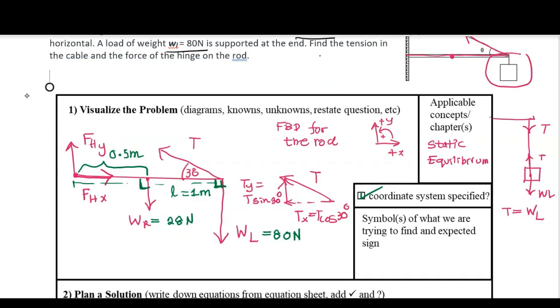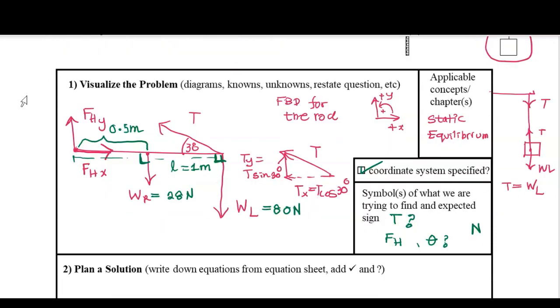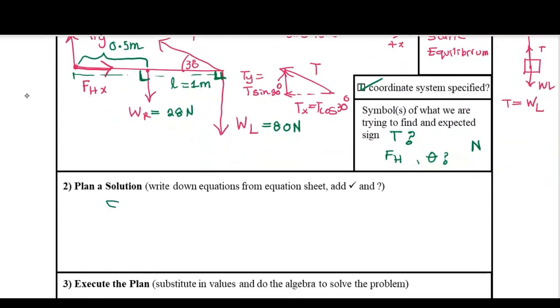The direction of the tension is given, and the other force is the hinge force. We know that we need to solve for the x and y components of the hinge force, and then we can use the Pythagorean theorem to find the resultant, and then we need to find the direction theta.